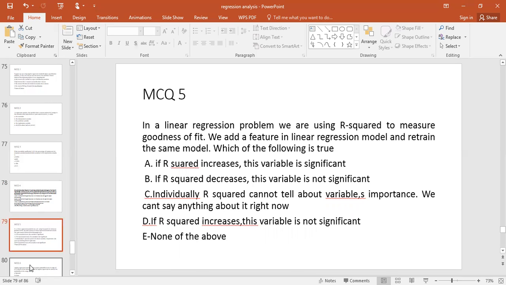D. If R squared increases, this variable is not significant. E. None of the above. It is C.